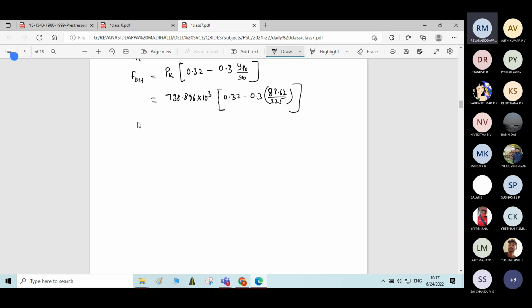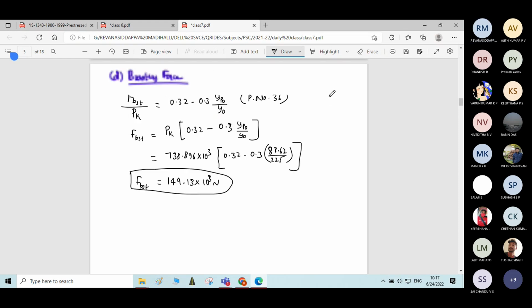By this we get the bursting force FBST as 149.13 into 10 power 3 Newton.